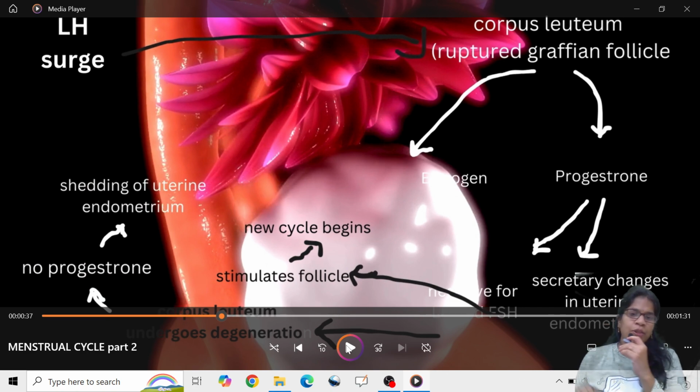What does this actually do? This corpus luteum has mainly two important functions: one is progesterone release, and it also releases a little amount of estrogen. What does the corpus luteum do in the second half? The main hormone that is more in the second half of your menstrual cycle is progesterone.